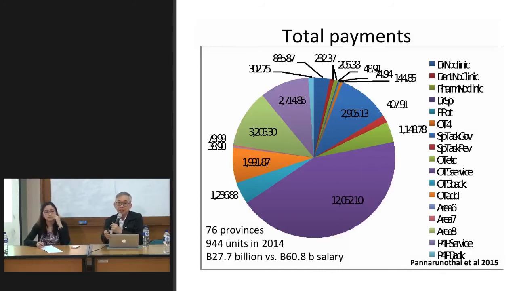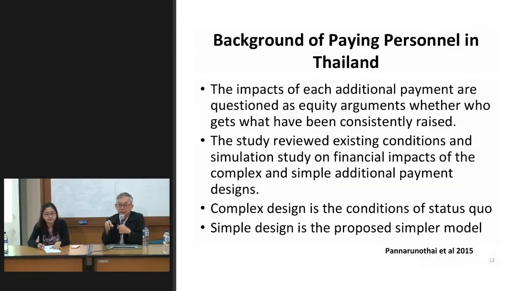So, because we want to know the impact of each kind of additional payment, there are several kinds of additional payments, and there are criticisms or arguments against equity among professions, whether who gets what, and the payments consistently increase so that it eats up the universal coverage or the capitation.